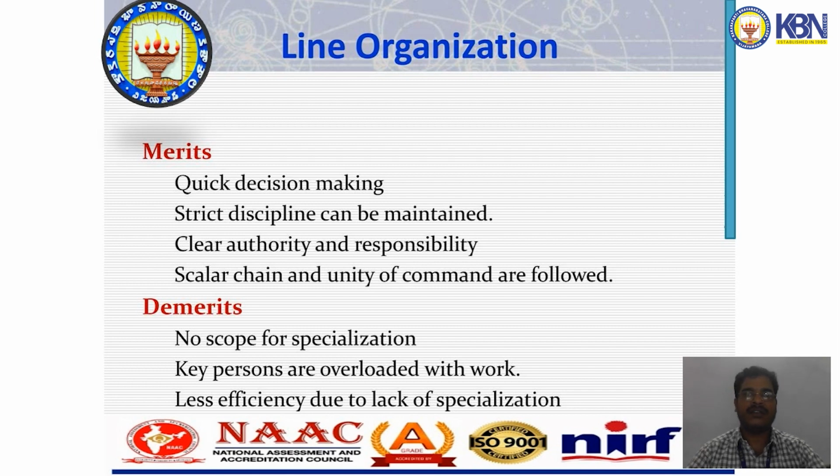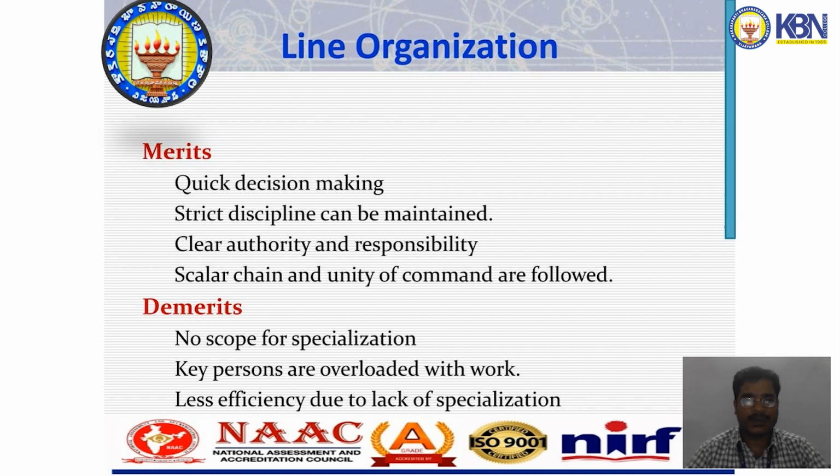Coming to the merits and demerits of line organization, under line organization we can take quick decisions, and we will have strict discipline. The authority and responsibility are clearly defined, and unity of command will be followed according to the given framework. When it comes to the demerits, there is no scope for specialization, right?